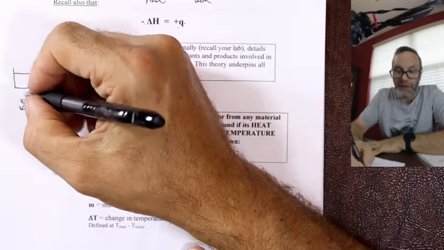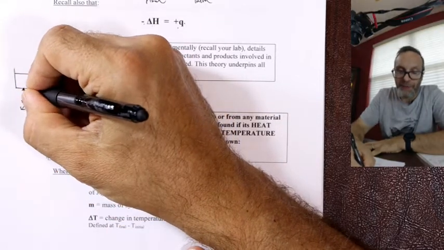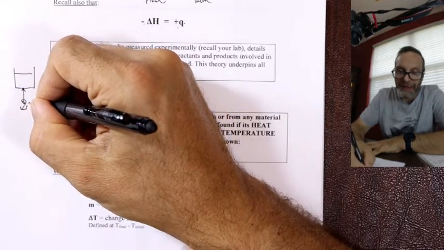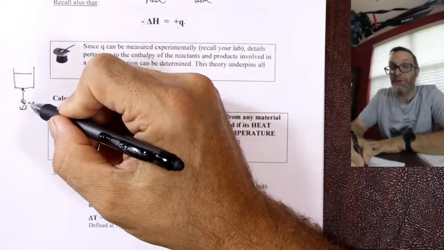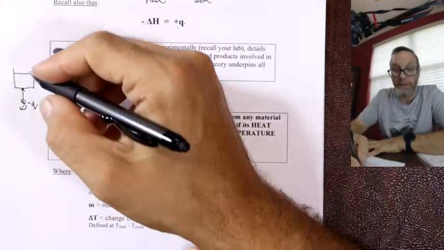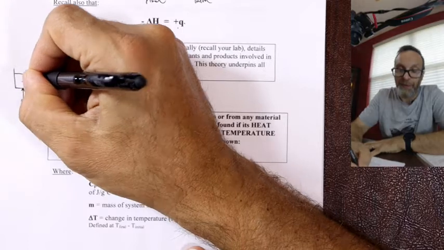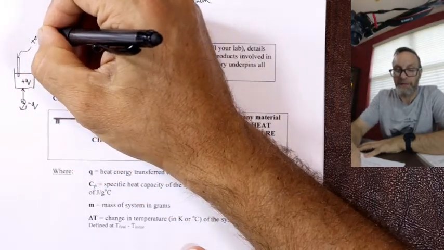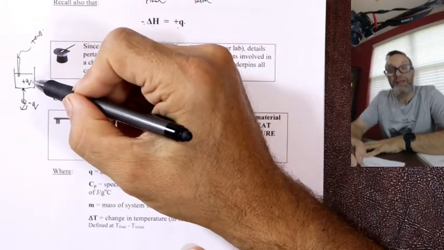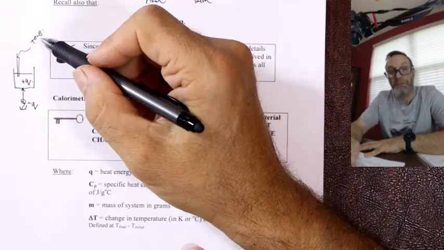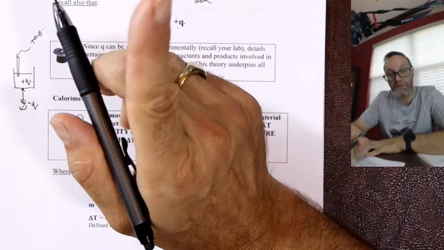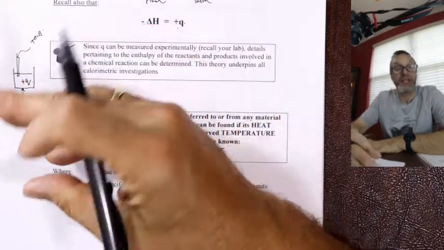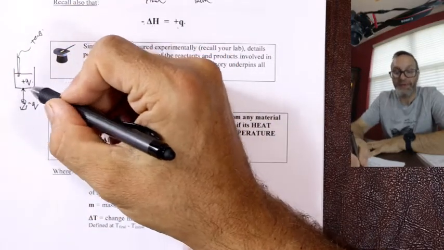So we set the peanut on fire, and what happened was the energy stored in the peanut was lost, so minus Q, and where did it go? It went into the water, plus Q. We had a temperature probe in there, and we measured the temperature. Now, the energy that went in there is proportional to the temperature change, but it's not equal. Do you remember why? We talked about exchange rates, so it depends on what this stuff is.